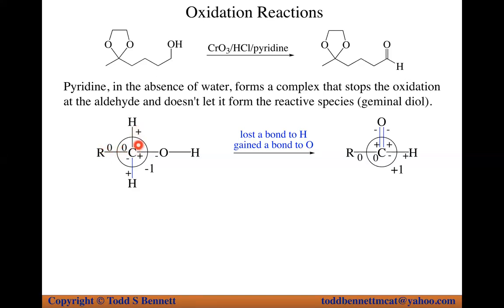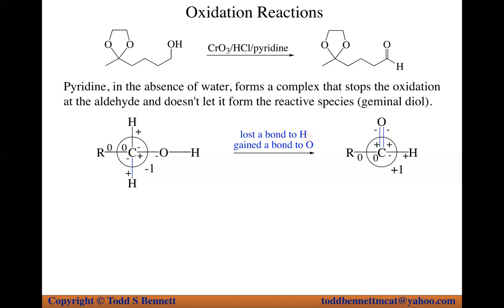Carbon-hydrogen bond, carbon is more electronegative, so it gets a negative, H a positive. O is more electronegative, so plus to carbon, negative to O. So within carbon's sphere of influence, taking consideration of its portion of each bond, it's a 0, a minus, a minus, and a plus. So overall, minus, minus, plus, and 0 add up to -1. So the oxidation state of carbon starts at -1 in this primary alcohol.